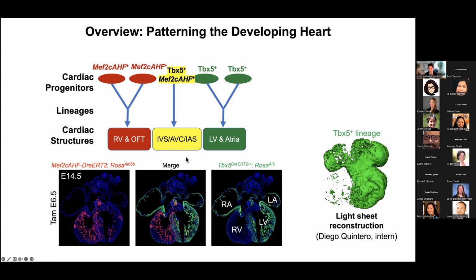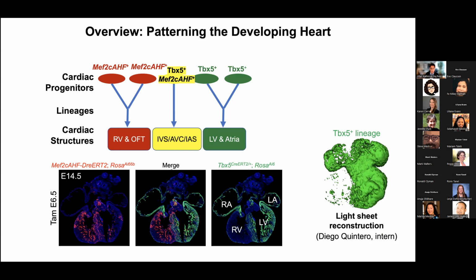But before I go there, one concept I want to talk about is a lineage boundary. For example, in this reconstruction, you can see a very sharp boundary of the green cells to the non-green cells. This is considered a lineage boundary. And this lineage boundary, which you can see here in this cross section, more or less stops at the interventricular septum.